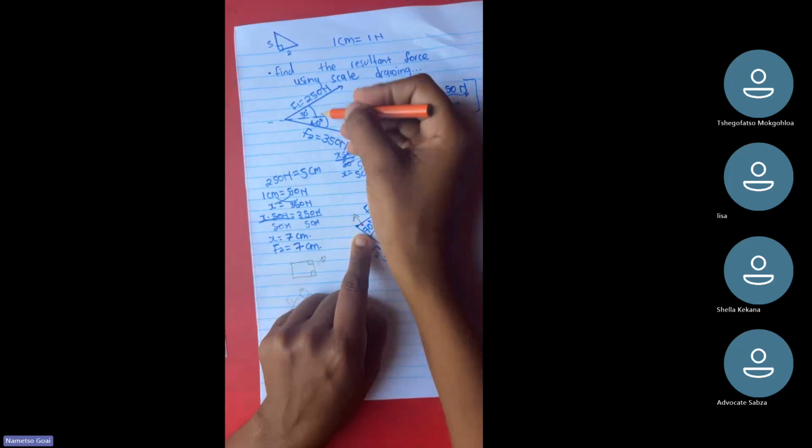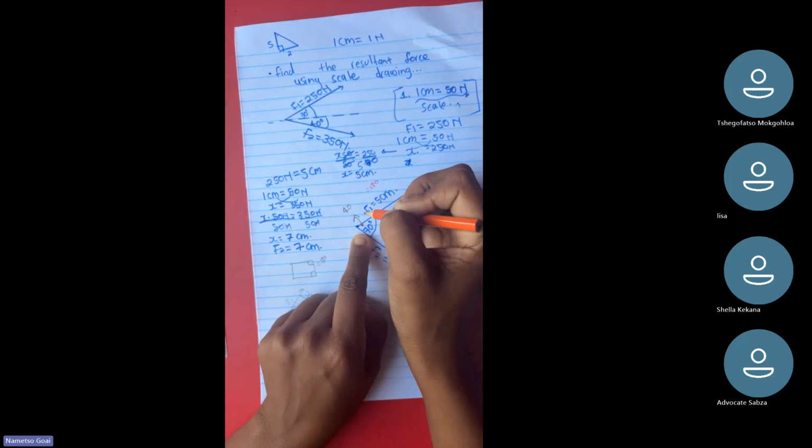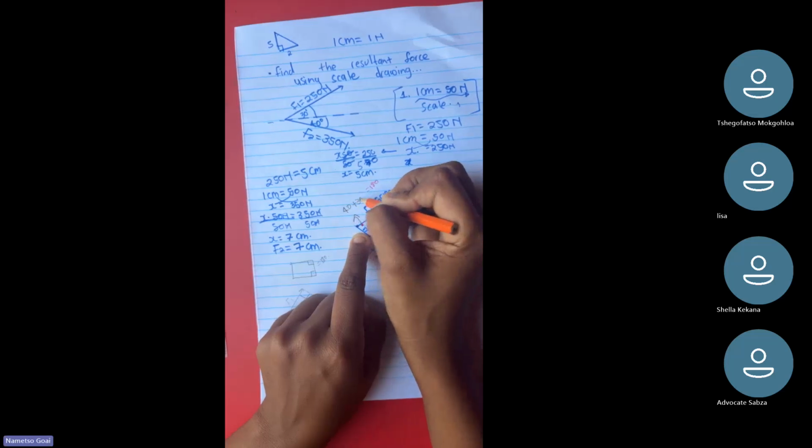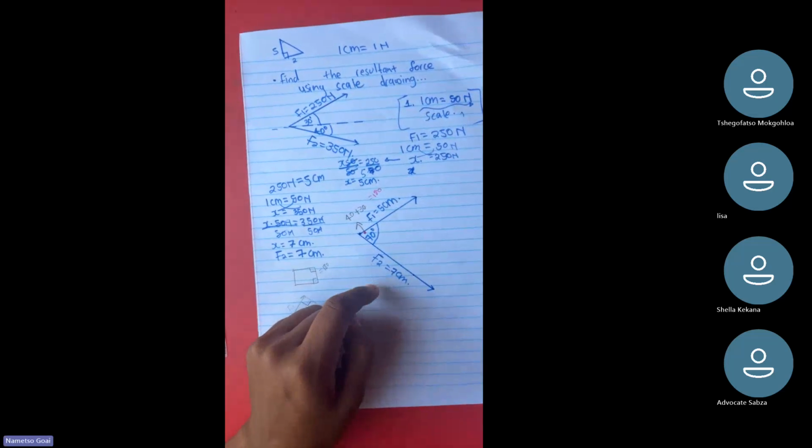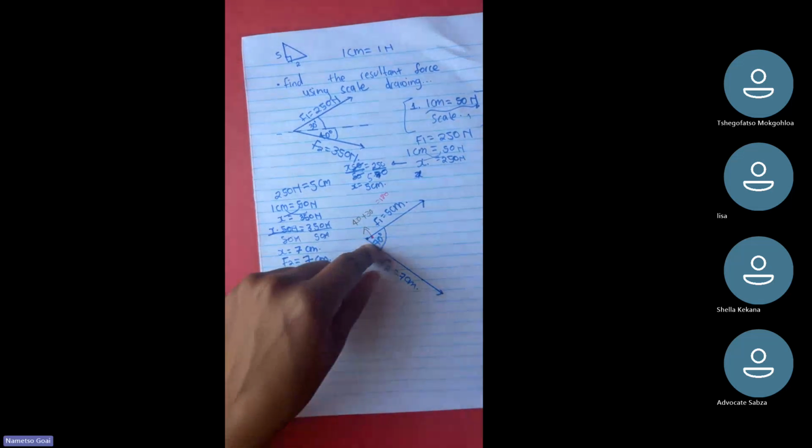We get the 70 from 40 plus 30 over here. Do you understand why, if this is 70, then on the opposite side we'd have to have 110?